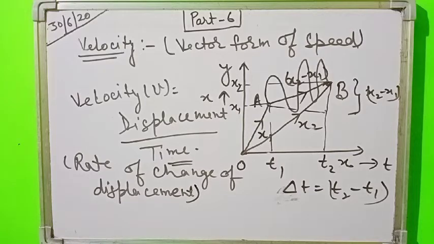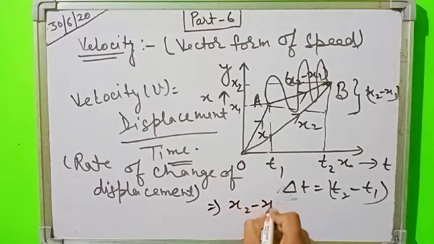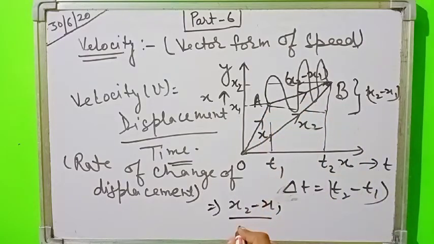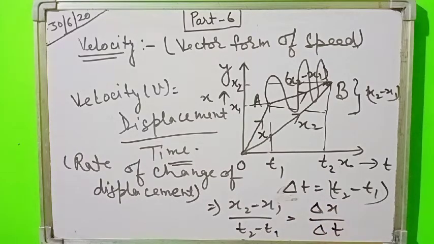Displacement is x2 minus x1, and time is t2 minus t1. That is delta x, which is displacement, upon delta t, which is change in time. x2 minus x1 is the change in position, that is displacement, and t2 minus t1 is delta t, the change in time.